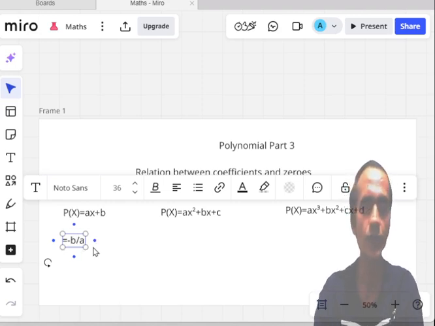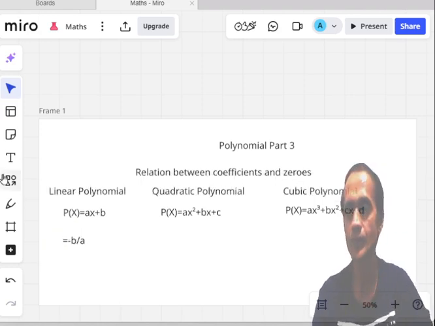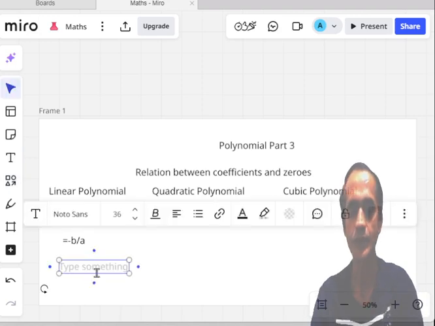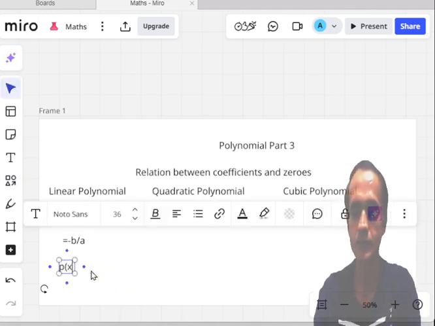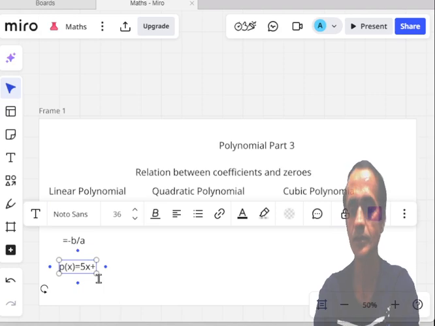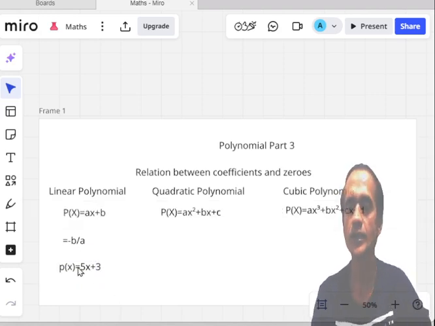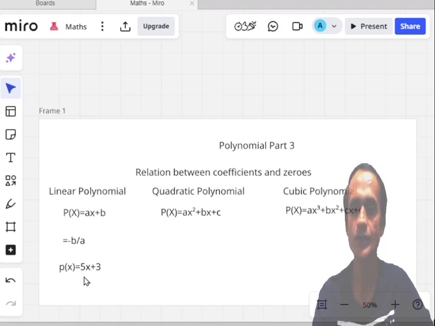So if we have to find out the zero of any such polynomial, by looking at the equation itself we can tell that the zero of this linear polynomial will be minus b by a. B is constant, that is 3. A is coefficient of x. So the zero will be minus 3 by 5.